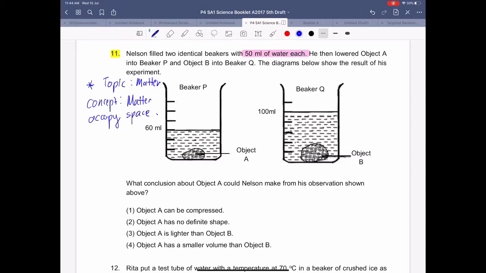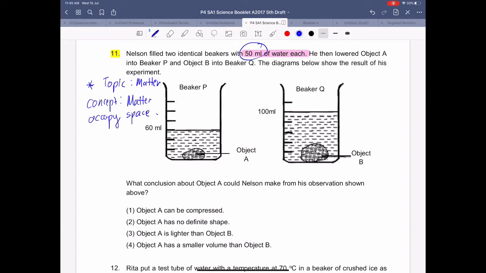Usually for this kind of question, it's based on the concept of matter occupies space. In this question, because they tell you already 50 ml, then they also show you the measuring and the amount of water increment. So this tells you that they want you to find out what is the volume, what is the amount of space occupied by each object.